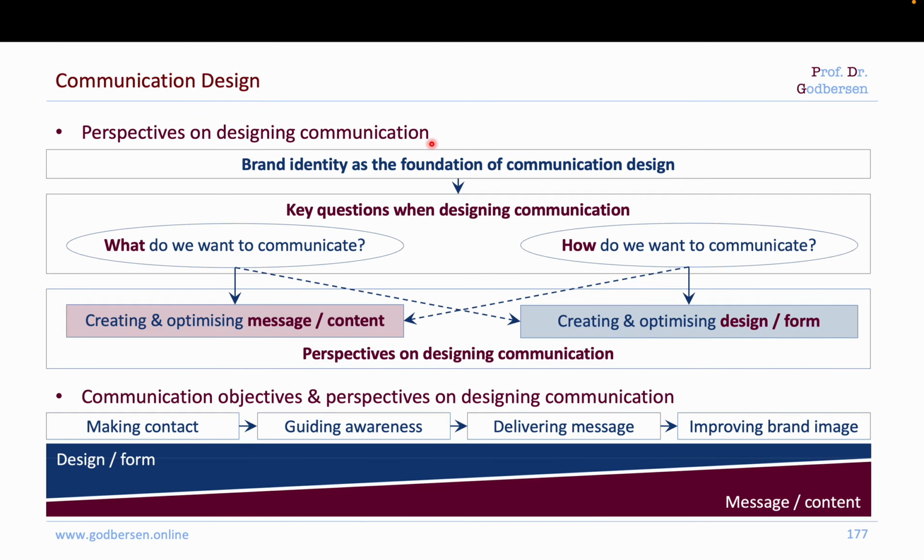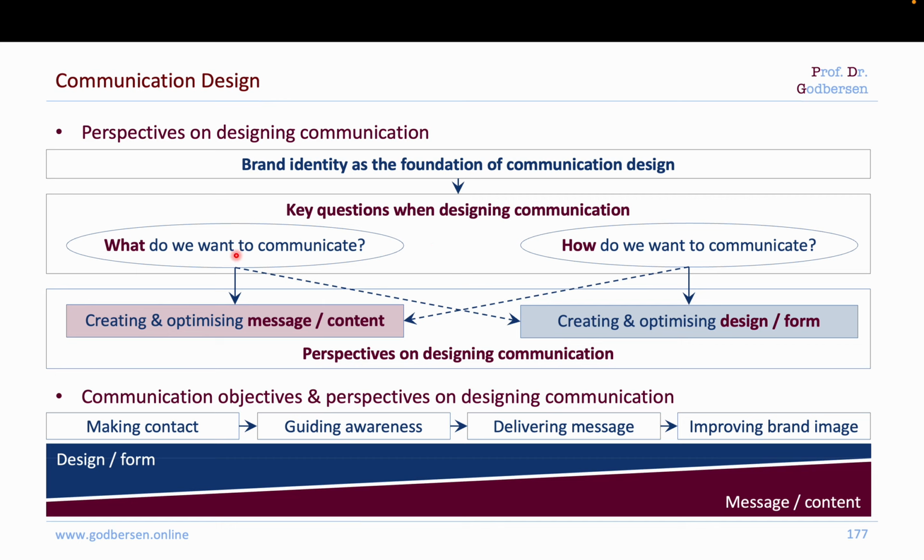So, the perspectives on designing communication. We should take the brand identity that we have designed on a strategic level as the foundation of our communication design, because in the end we want to strengthen this brand identity. Then we need to ask ourselves two key questions. What do we need to communicate, and how do we need to communicate this content?